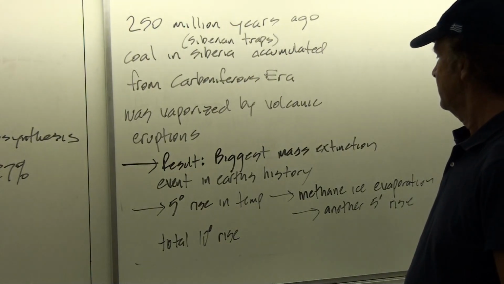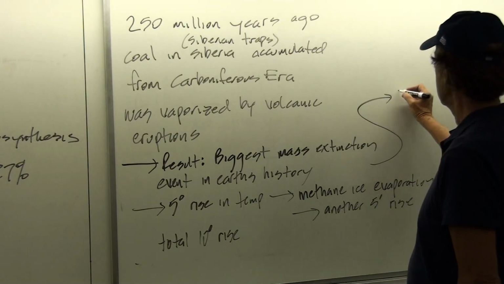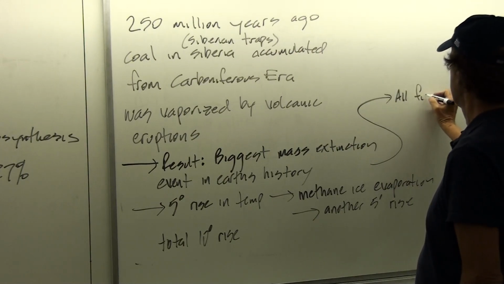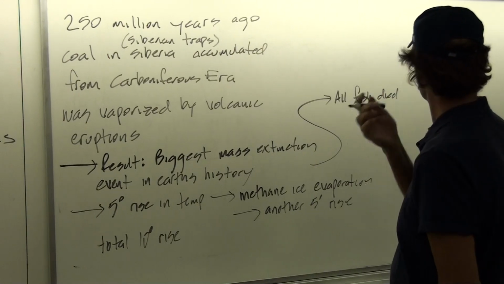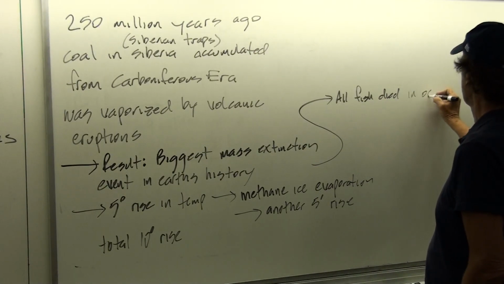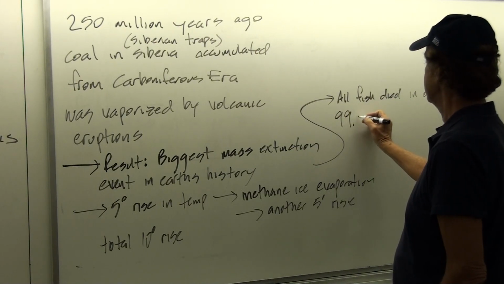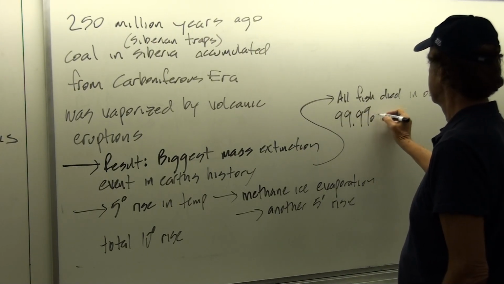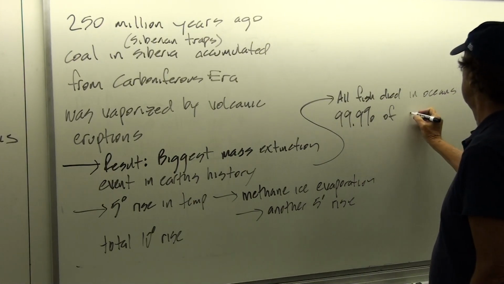And so all of this then eventually caused all the fish to die in the oceans. And something like 99.9% of all life on the lands and the oceans died.